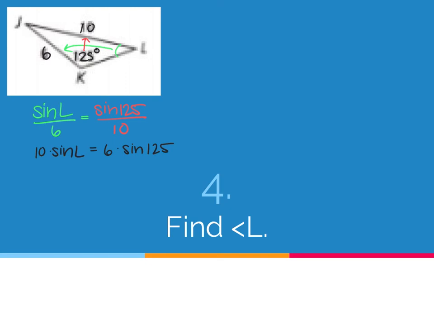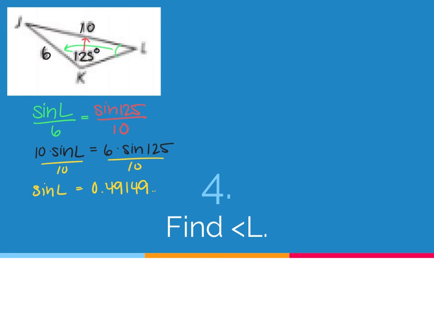In my calculator right now, I'm going to multiply 6 times sine of 125 and get my answer, which is 4.9 about. Then I'm going to divide both sides by 10. So we have the sine of angle L equals 0.49149.